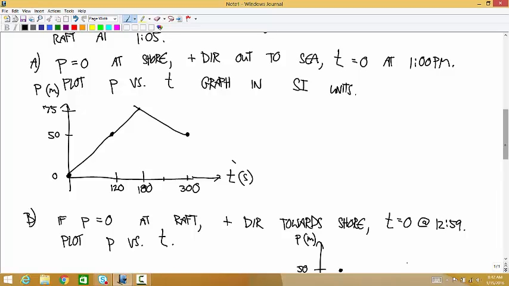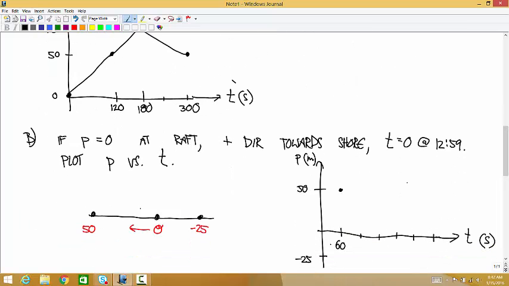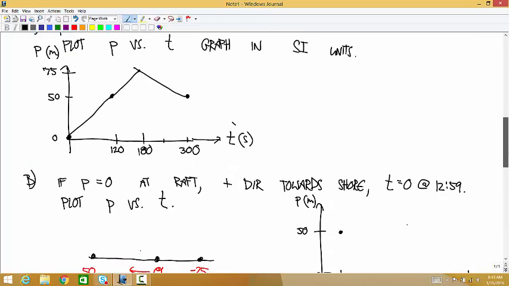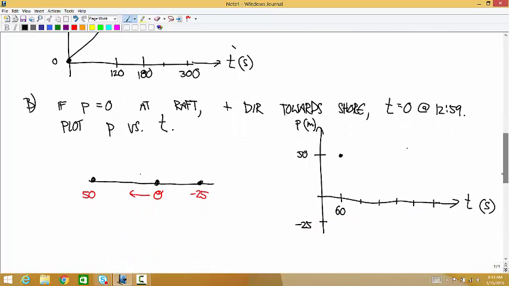But remember, this doesn't represent 1:01. This represents 60 seconds after our time equals 0. So this instant now represents 1 o'clock. Oh. Okay, because we have a different time equals 0. Time t equals 0 at 12:59. Right. I didn't see that. Okay.